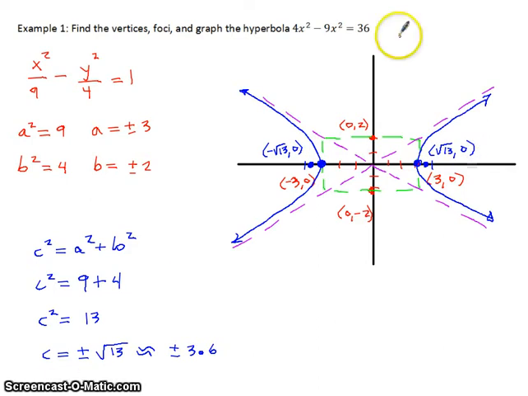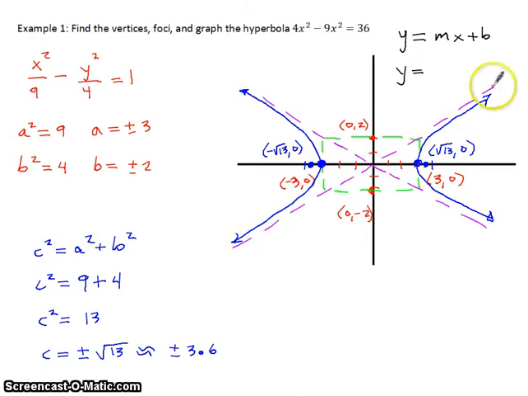Now, I didn't ask for it, but suppose I asked you for the asymptotes. Suppose I want to know what are the equations of these asymptotes. And we know that y equals mx plus b. So all we need is the m and the b value to identify those asymptotes. So the b value is the y-intercept, and we have a y-intercept of 0 here.